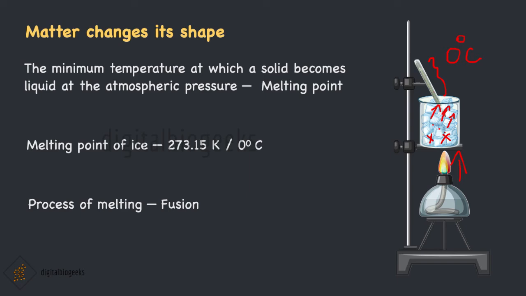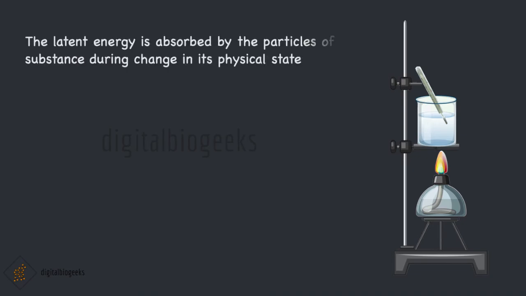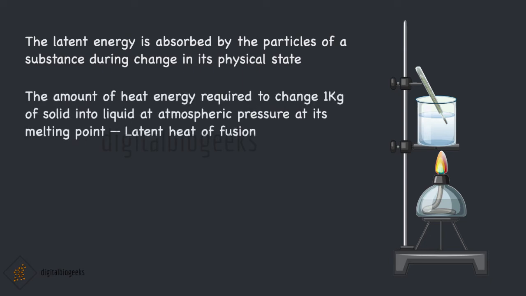The heat energy supplied is hidden, and this is called the latent heat. Latent means hidden. The latent heat is absorbed by the particles of a substance during the change in its physical state. The amount of heat energy required to convert 1 kilogram of solid into liquid at atmospheric pressure at its melting point is called latent heat of fusion.